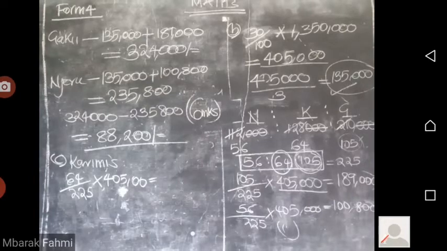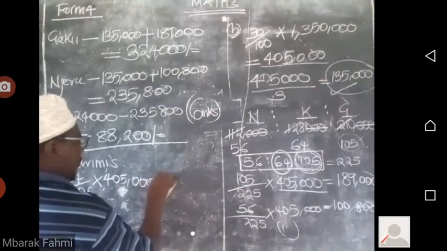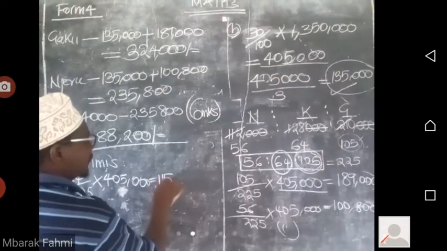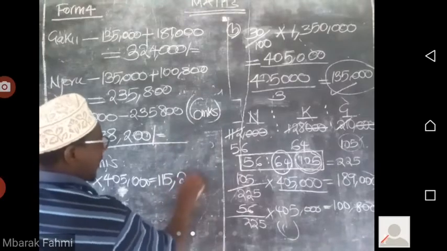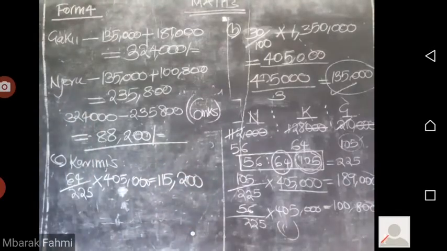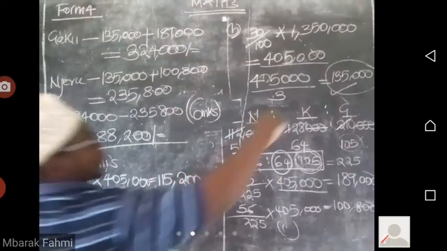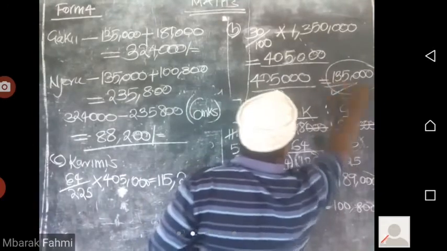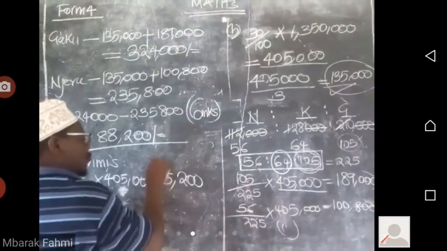Karim's share is going to be 115,200 shillings.